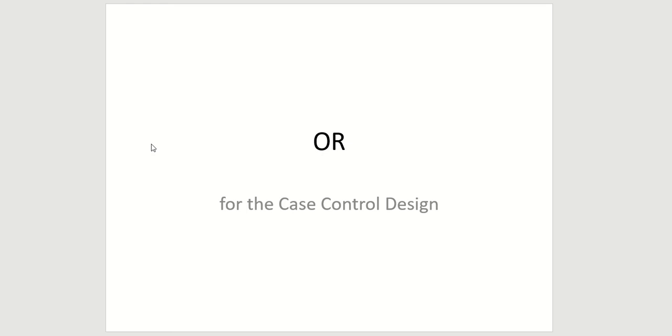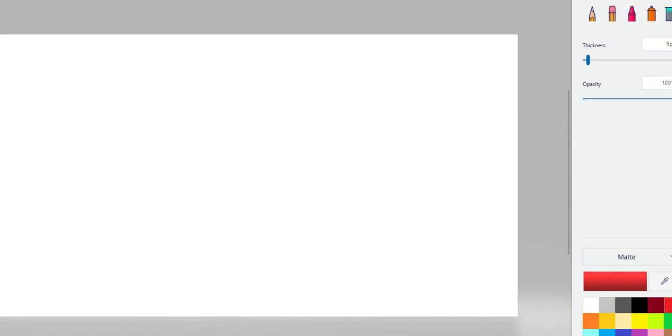Now, in a case control design, which we will have a lecture talking about, let me just give you a quick overview of things that you already know about how it is built up. You probably remember that in a case control, when you come to select your participants, you look at the outcome, whether it's a disease, hospitalization, or side effects.